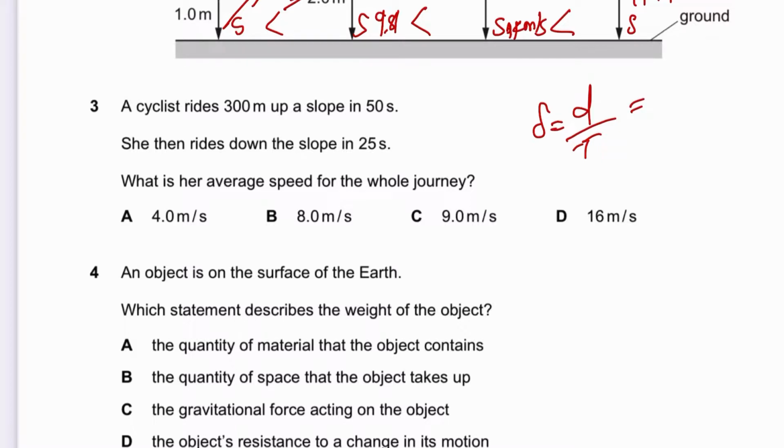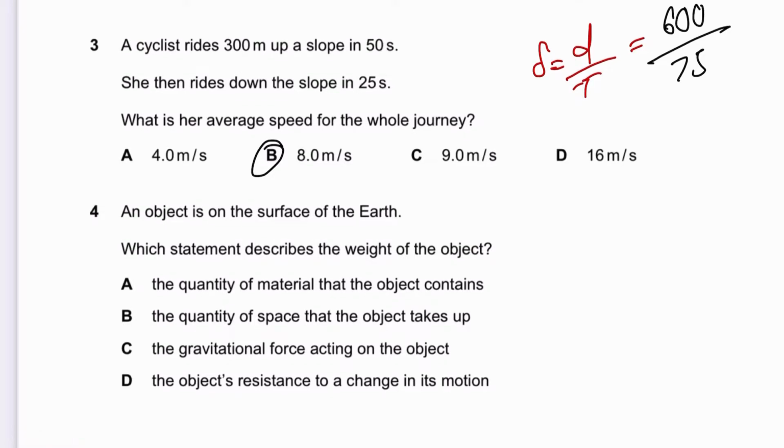Total distance is 300 meters up the slope plus 300 meters down, so 300 plus 300 is 600. Upon total time, she rides up in 50 and down in 25, so 75. 600 upon 75 is 8. So B, 8 meters per second.